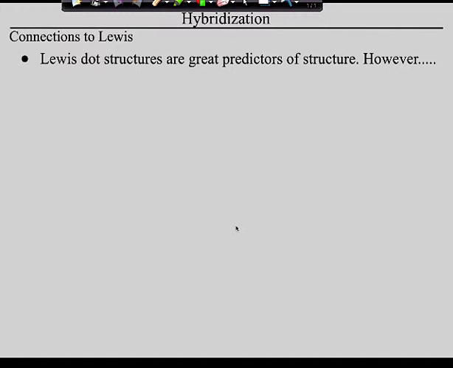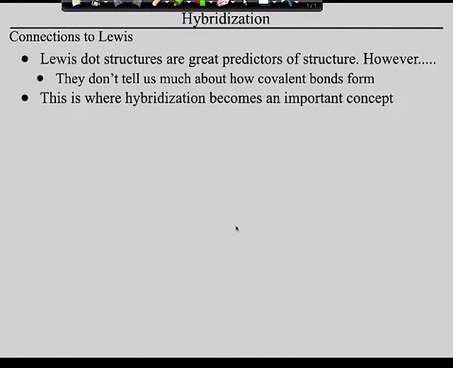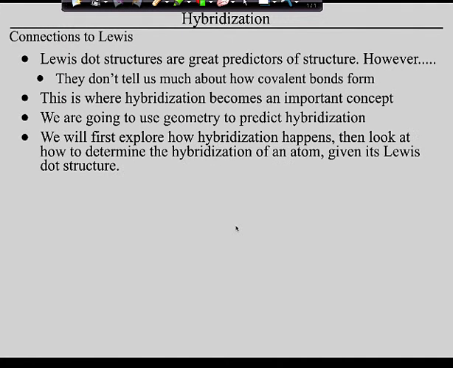We understand they're not three-dimensionally accurate, and therefore we need to know shared and lone pairs in domain theory. But guys, what they don't tell us about is how these bonds actually form. We know that it's sharing in regions of increased electron density, but guys, they don't answer a very fundamental question. And the fundamental question is actually, how do these bonds form in places where seemingly they shouldn't?